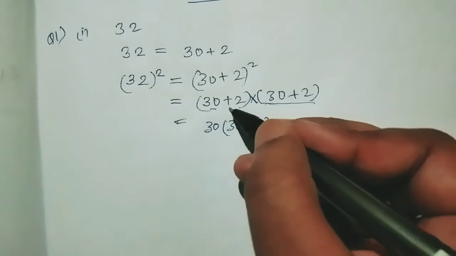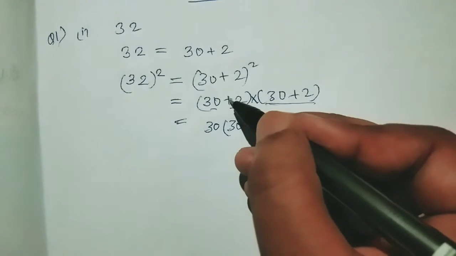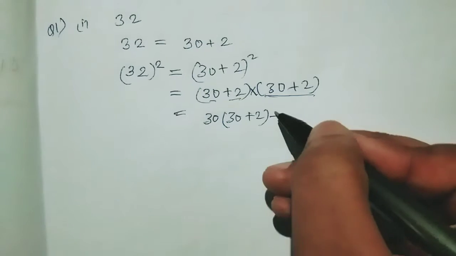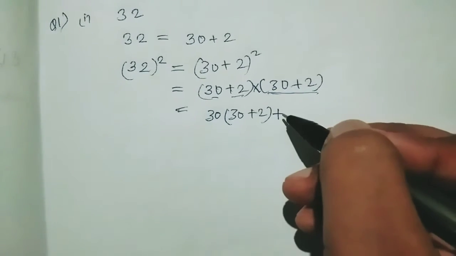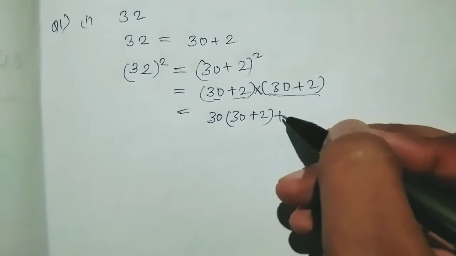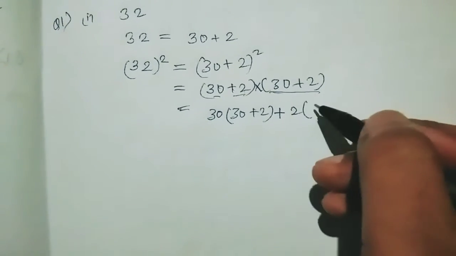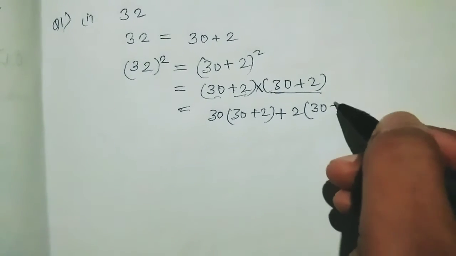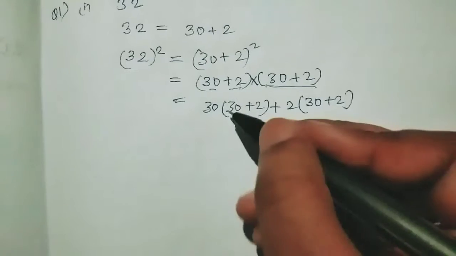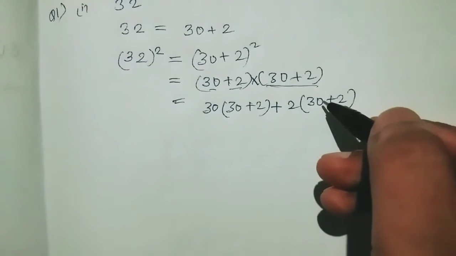Now plus 2; a plus sign is there, that's why you give the plus sign. If a minus sign is there, then you have to give the minus sign. Now this 2 will be multiplied again with this whole number 30 plus 2. In this way you have to break the numbers in multiplication form.